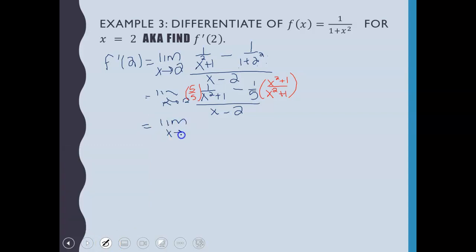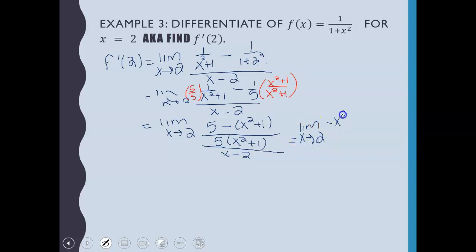Limit as x approaches 2 of 5 minus x squared plus 1 all over that new common denominator, which is 5 times x squared plus 1, all over x minus 2. Now I would look at my top and I'd say, okay, that's negative x squared, 5 minus 1 is plus 4.